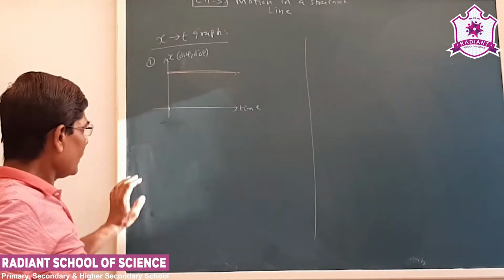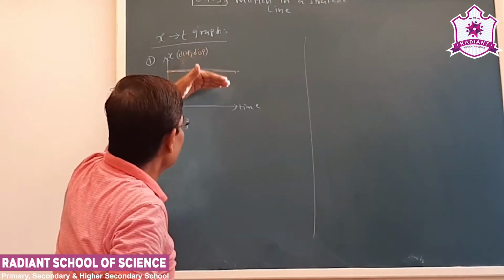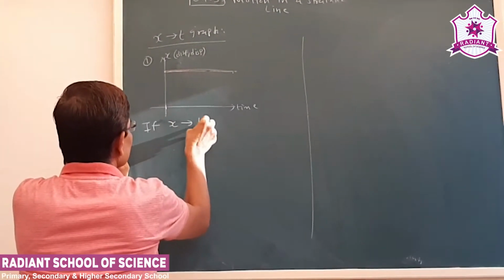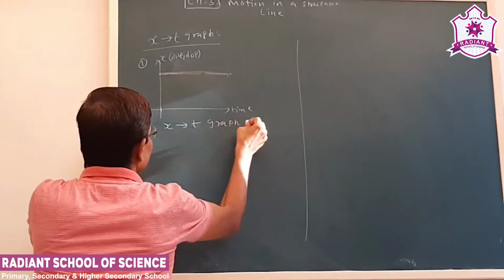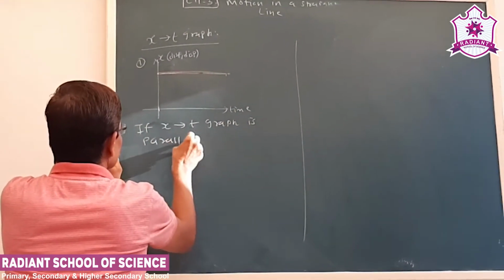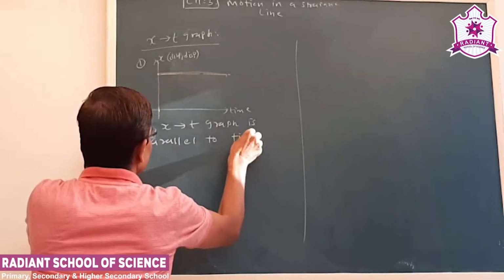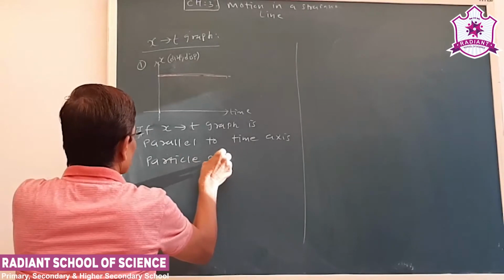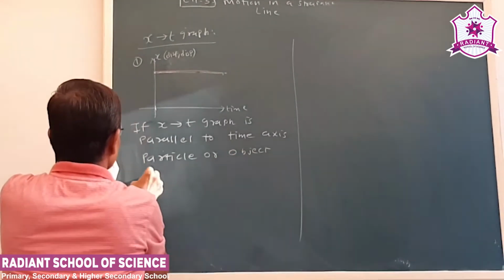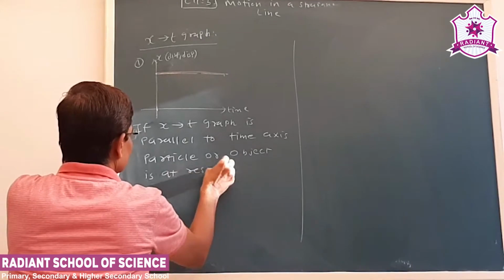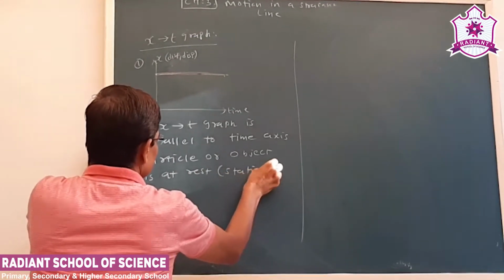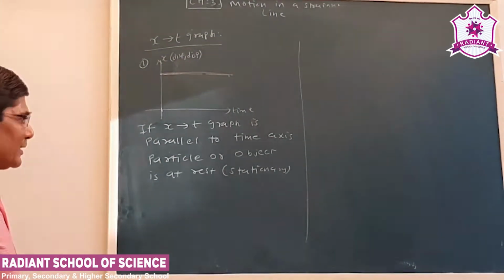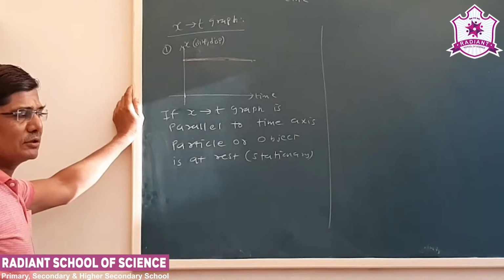So we can write that if x versus t graph is parallel to time axis, particle or object is at rest, or we can say stationary.